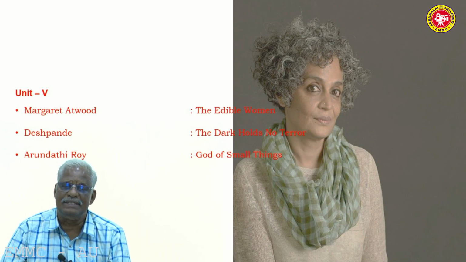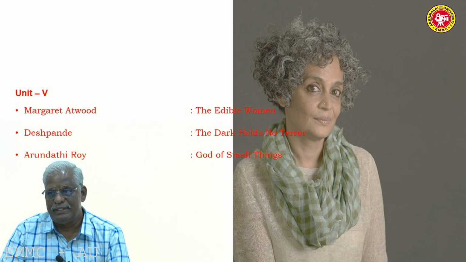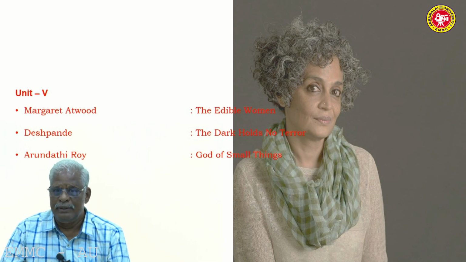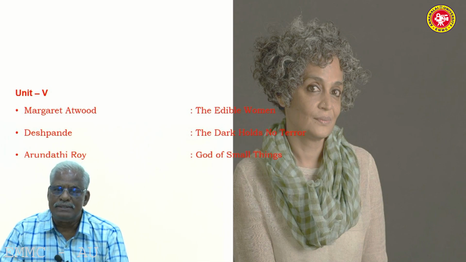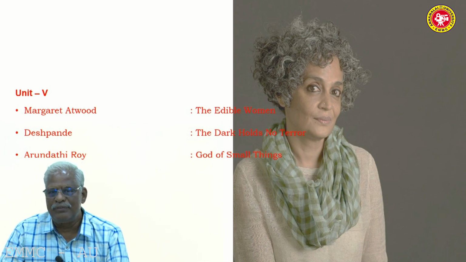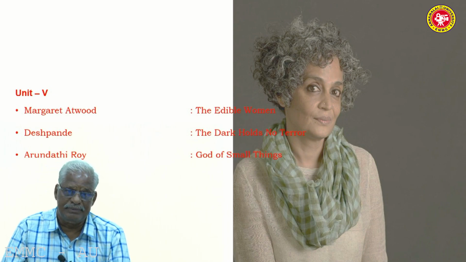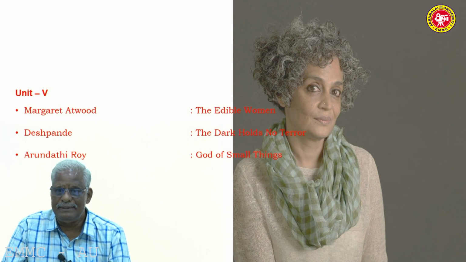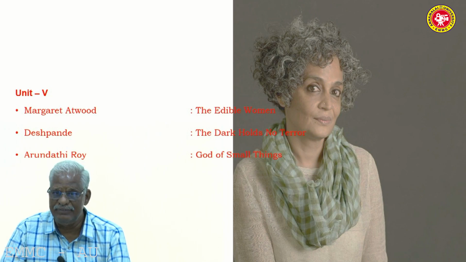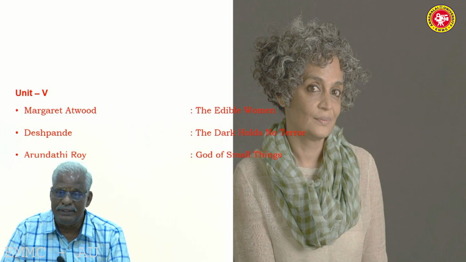So if you take Shashi Deshpande's Dark Holds No Terror, the protagonist, a doctor, suffers at the hands of her husband Manohar, a male chauvinist. Like that we can apply what we have seen in the first two units, what is feminism, the development of feminism and the critical canons of feminism, to the later three units, units 3, 4 and 5, the three different genres of English literature: poetry, drama and novel.